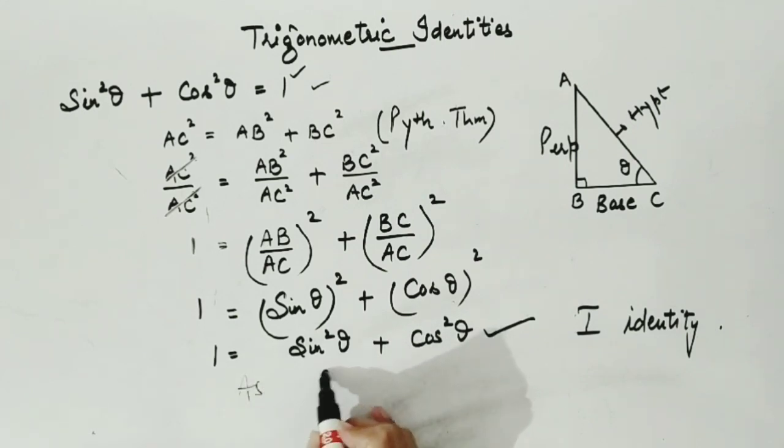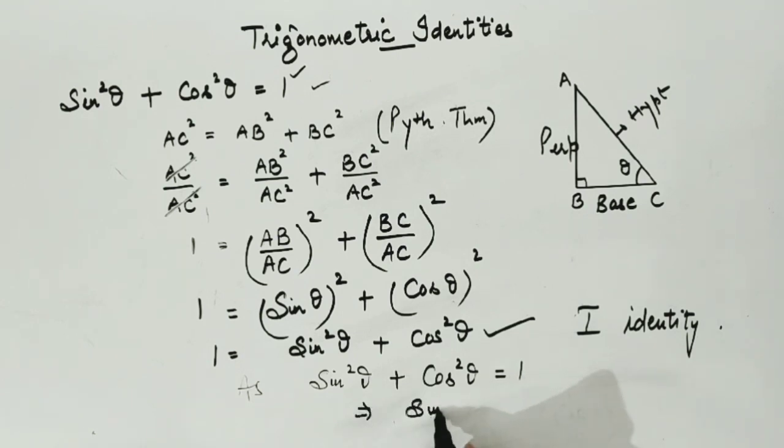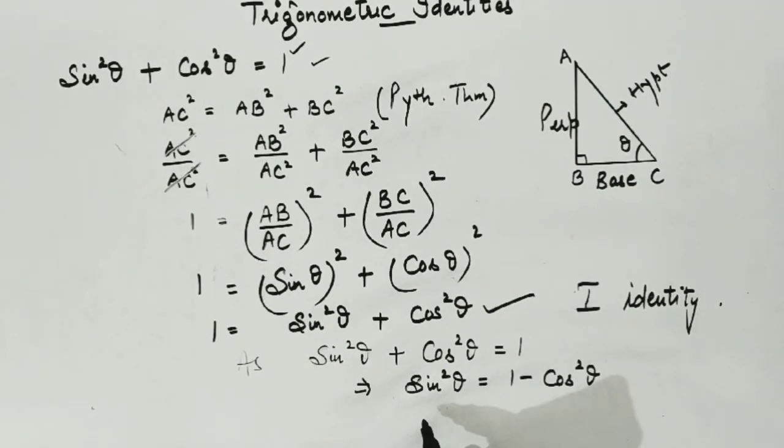As we know that sine square theta plus cos square theta is 1, that implies sine square theta, depending on the question's demand, can be written as 1 minus cos square theta. Same way, cos square theta can be written as 1 minus sine square theta.